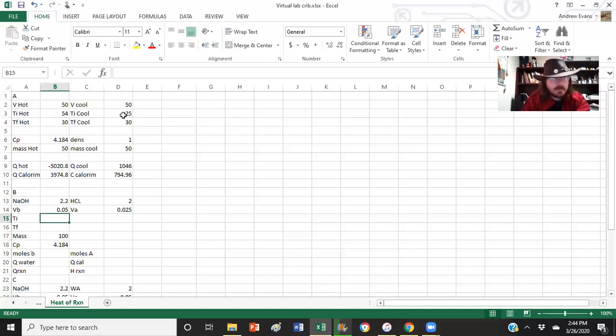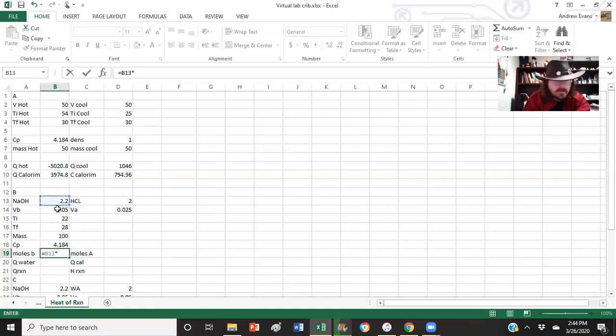So if, for example, the temperature of the base, which I measured, was, say, 22, and the final temperature was, say, 28. You don't have to calculate the final temperature of HCl. We're just going to mix them together. Now the moles. Moles are equal to the molarity times the volume in liters.